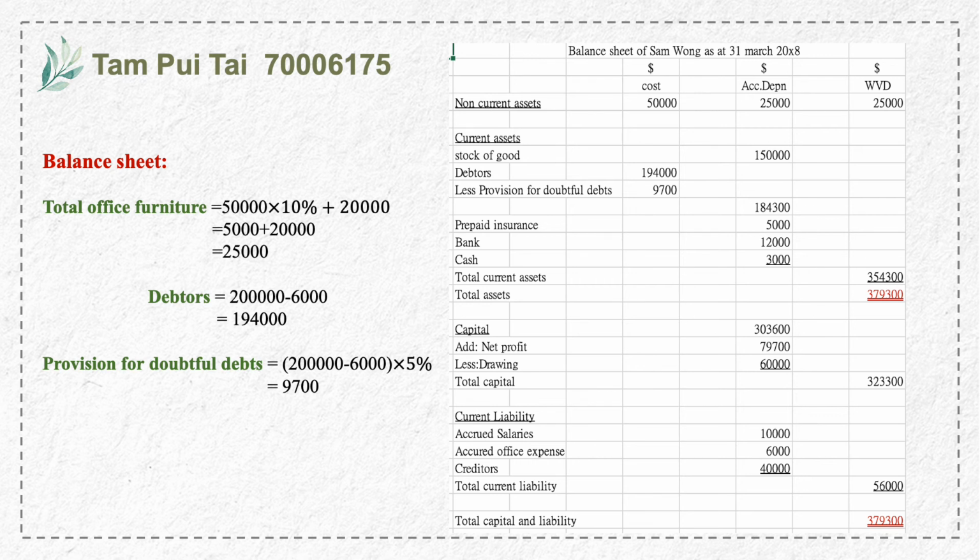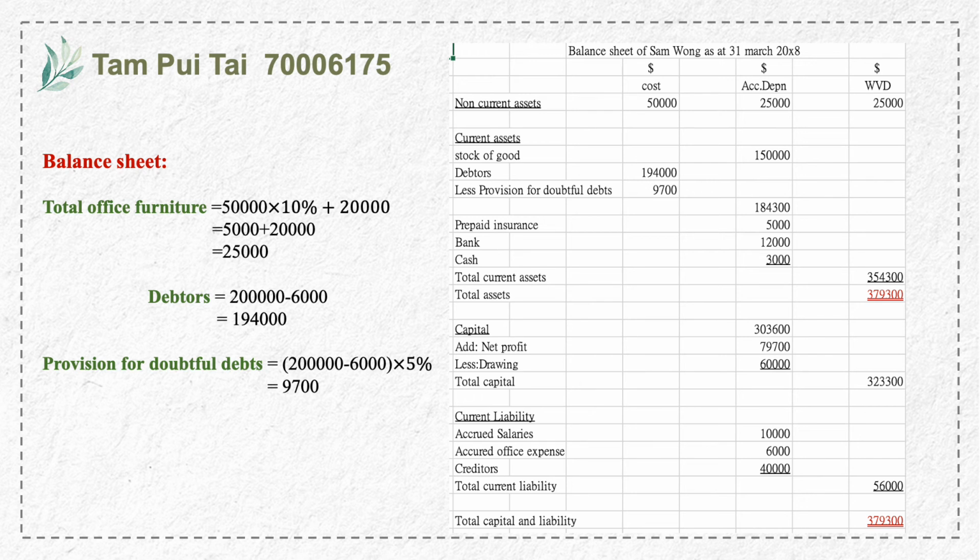And then the current asset, the debtor, it is 200,000 minus 6,000, because in additional information number 4, 6,000 was further written off, so we know that 6,000 we cannot get back, so we need to minus 6,000 here.